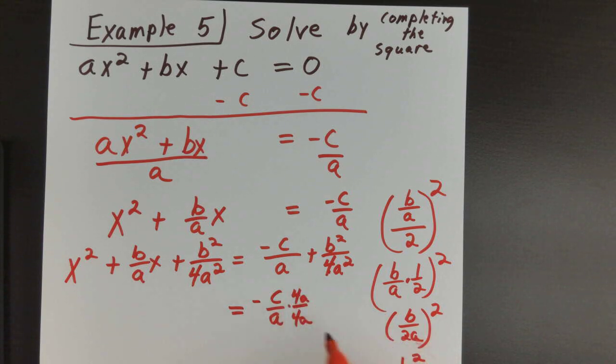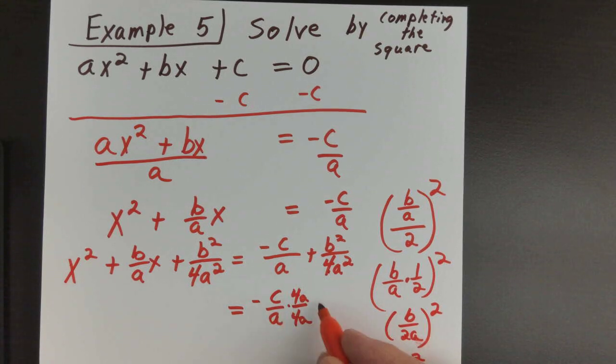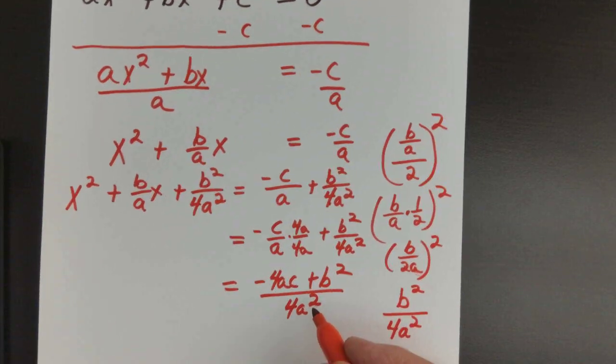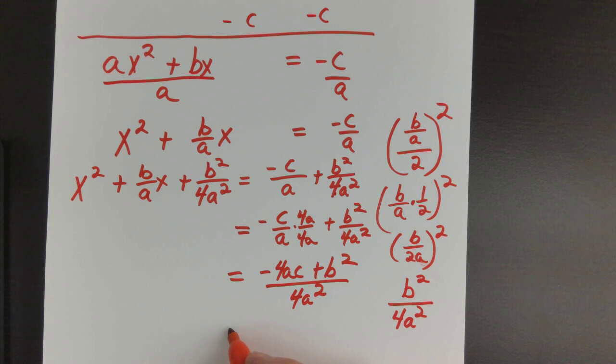So I'm just trying to get a common denominator. It looks like 4a squared would be it, and then I've got the b squared over 4a squared. And that's negative c times 4a, which we usually write alphabetically, negative 4ac, plus b squared over my common denominator of 4a squared. Let me just rewrite that as b squared minus 4ac over 4a squared.